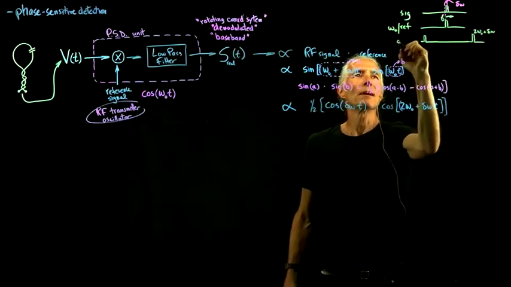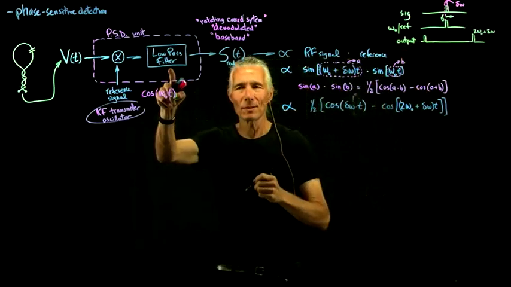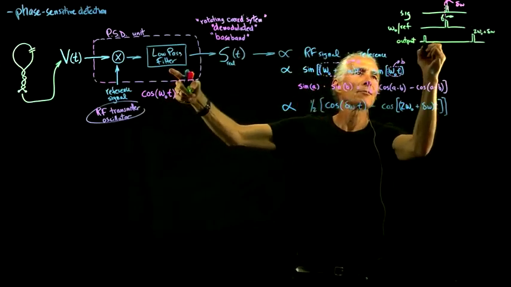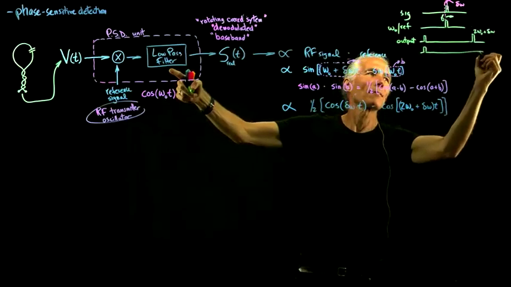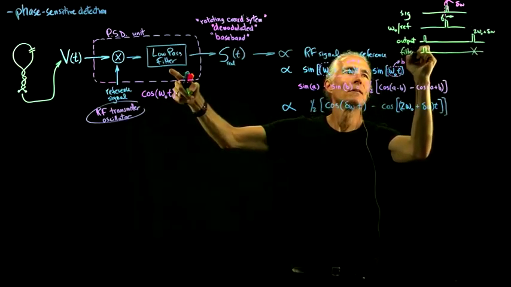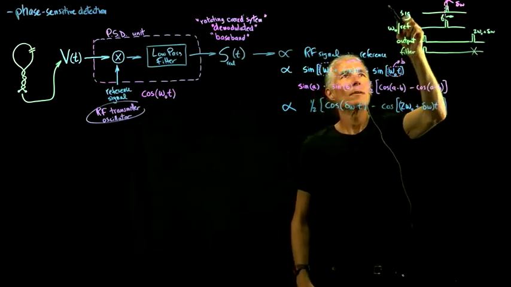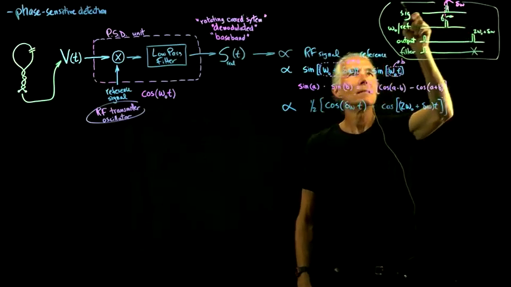So this is the output. But then we send it through a low-pass filter. The low-pass filter means just let through the low one and erase that one. So get rid of that guy. So this is the filter. That's sort of a graphical way of writing out what we just did in the equation here.